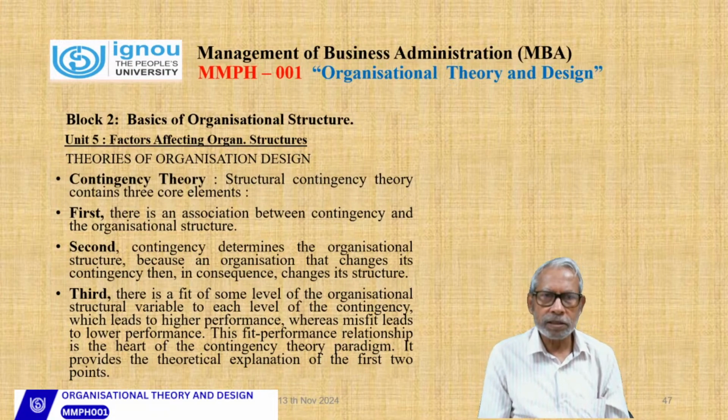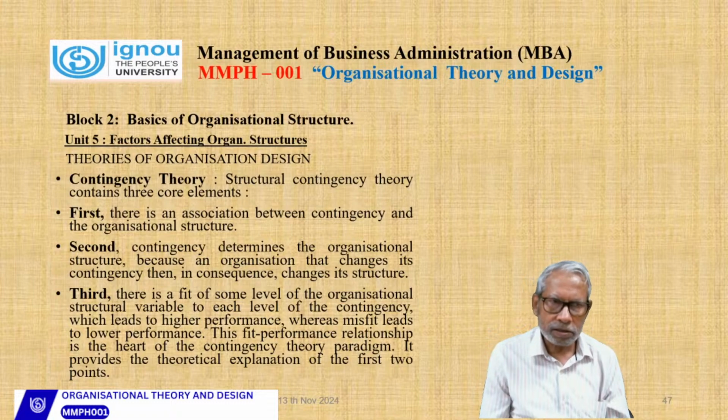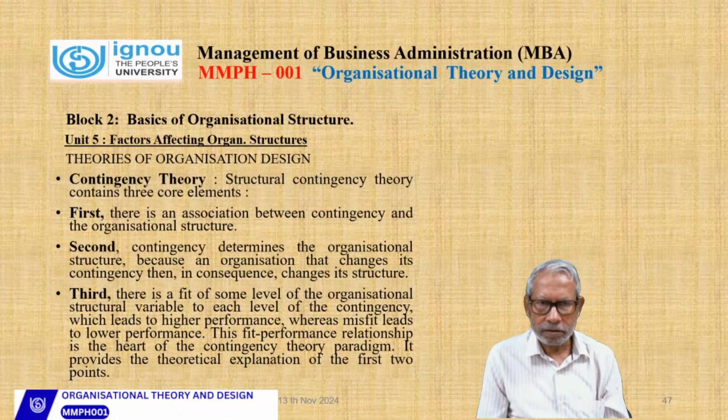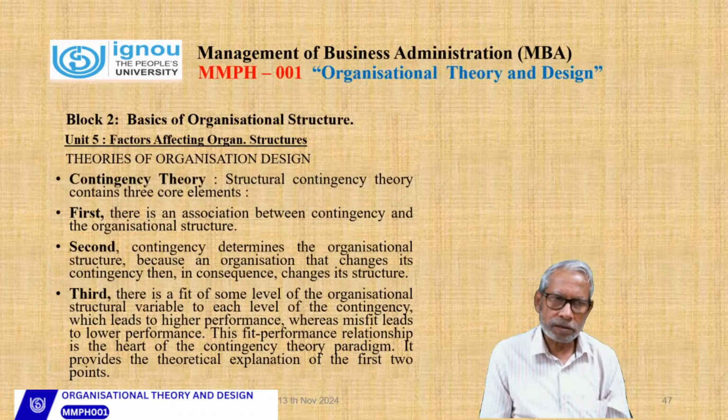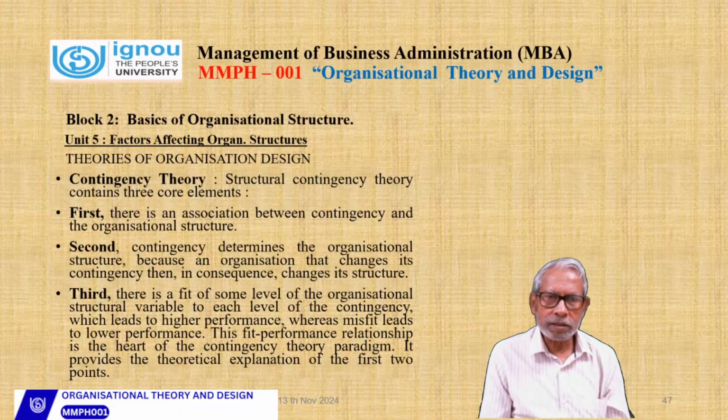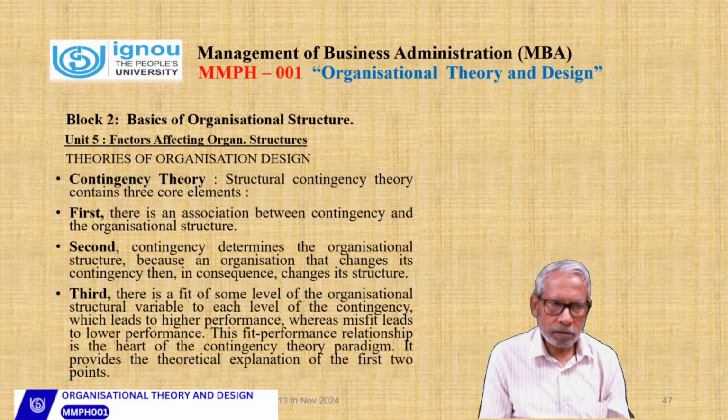Second, the contingency determines the organizational structure, because when an organization changes its contingency, there is in consequence a change in structure. Third, there is a fit of some level of the organizational structure variable to each level of the contingency, which leads to high performance, whereas a misfit leads to lower performance.